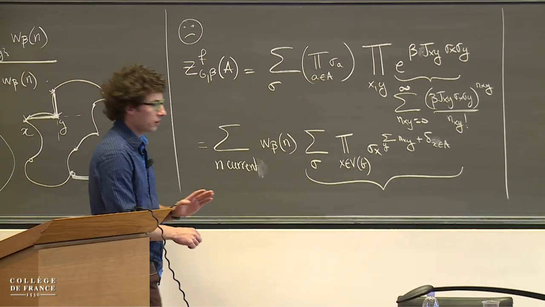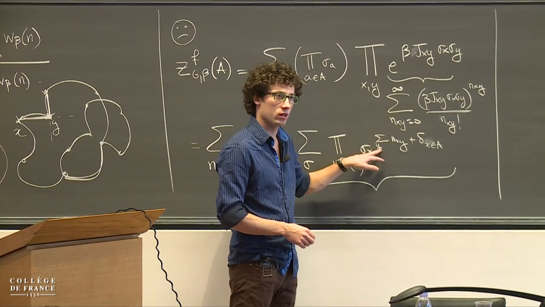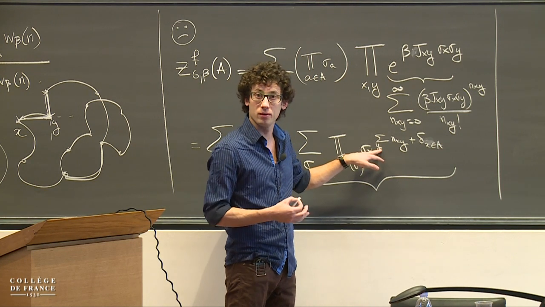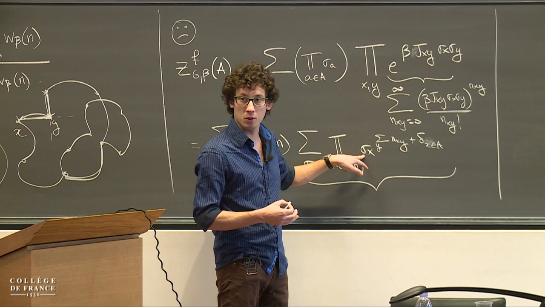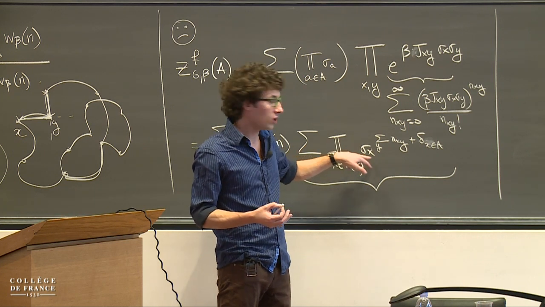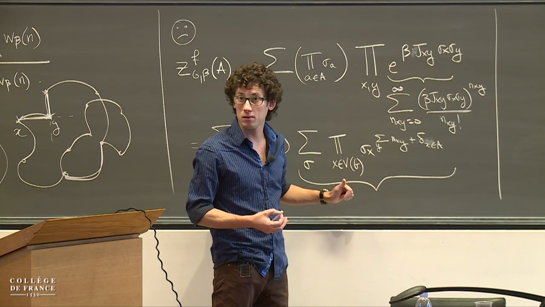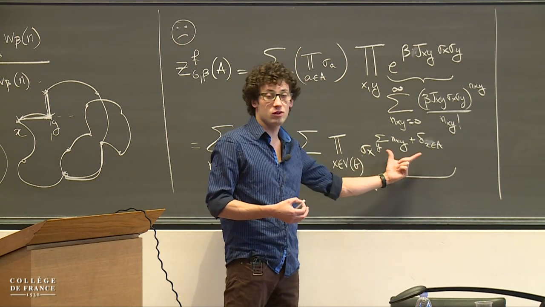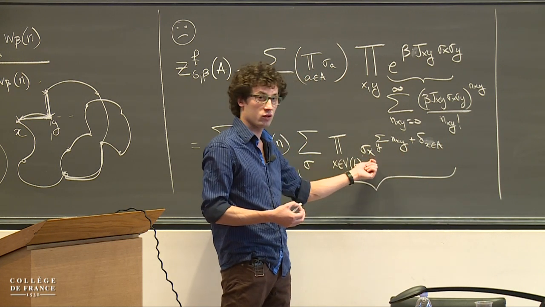Assume for a moment that one of these integers is odd. A configuration sigma always comes with a configuration minus sigma. So if this thing is odd for a certain number, then the things are going to cancel. So this quantity needs to be even for every number, and if it's even, then you are summing just 1.